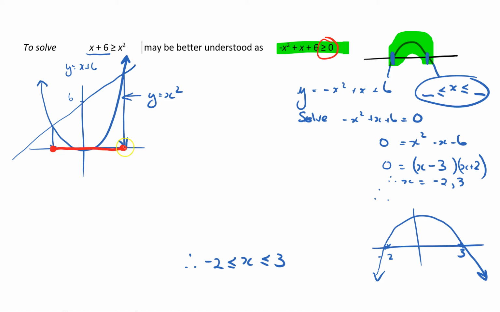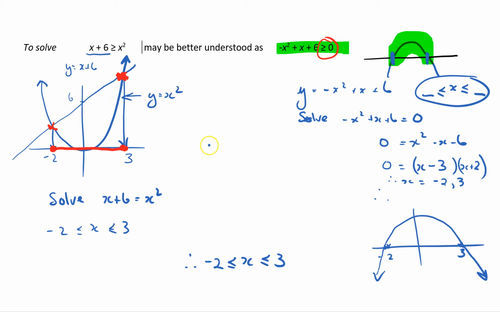Now, that's quite a different solution, and you would actually need to work out the points of intersection. You'd have to actually solve x plus 6 equals x squared. And when you solve that, you'll find you're getting the same sort of solution as over here. You'll identify your -2, you'll identify your 3, and you'll say in the range between -2 and 3, the straight line was higher than the parabola.